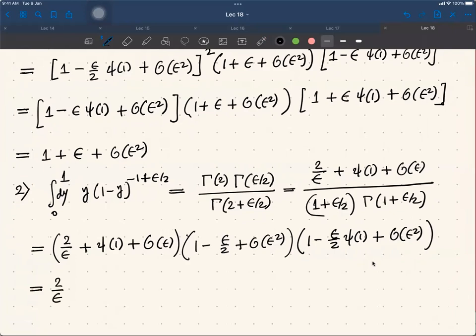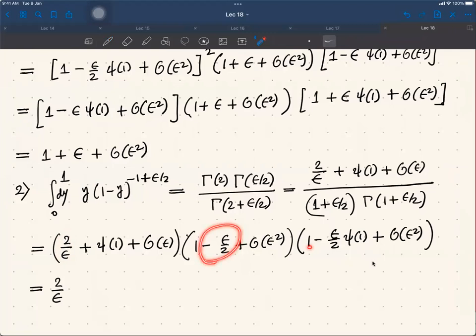So if you take 2 by epsilon times 1, 1, then you get 2 by epsilon, that's the pole. And then the order 1 term can be obtained by multiplying 2 by epsilon with this term, minus epsilon by 2 and 1.